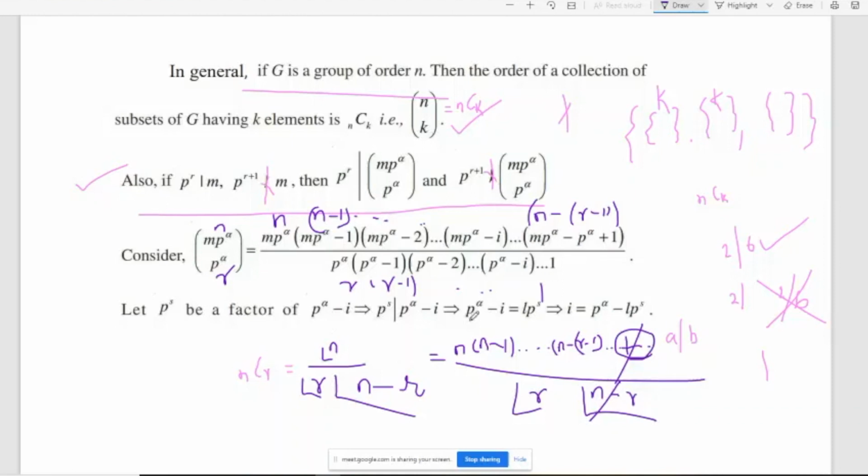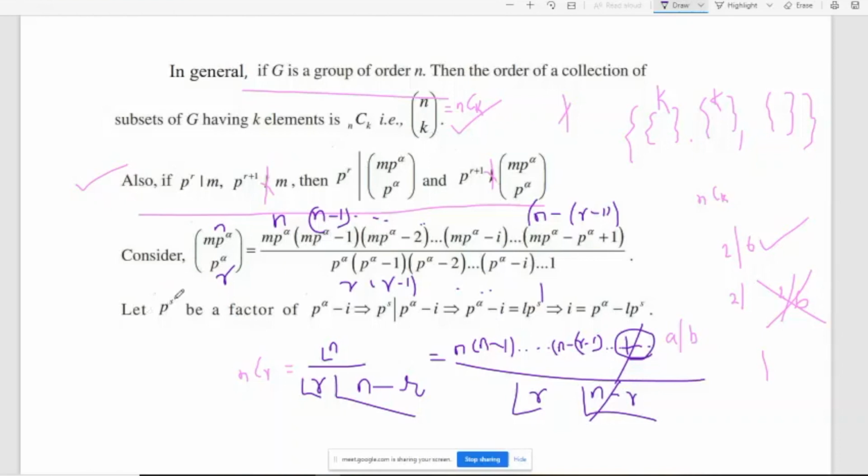In case we have some common factor, suppose I take p power s to be a factor of p power alpha minus i. This is going to be some number in which I have p power s as a factor, because any number we can write as a product of prime factors.